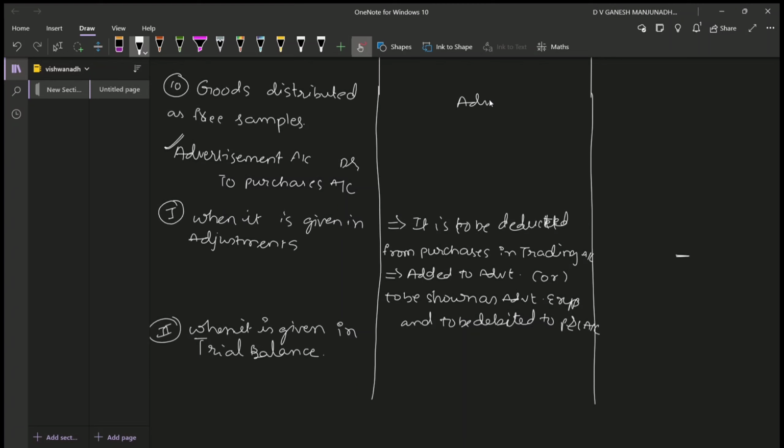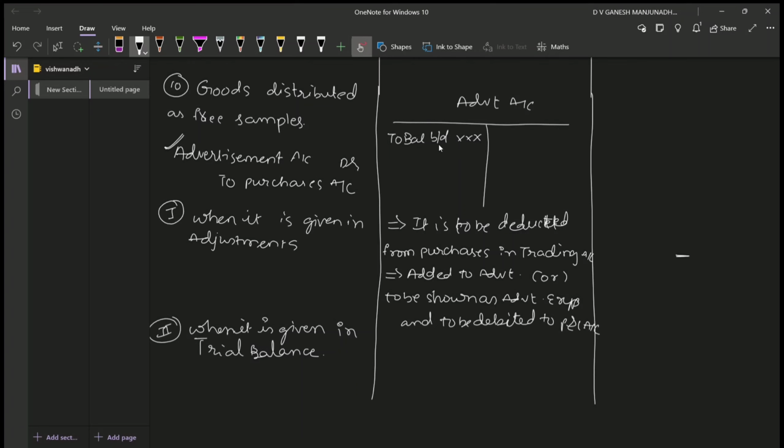Let us see the advertisement account to purchases. Let me explain, one minute friends. If the advertisement account is already available in the trial balance, then it would have a debit balance, as it is an expenditure.